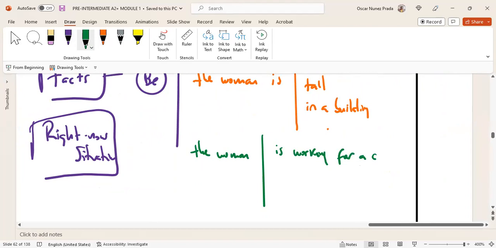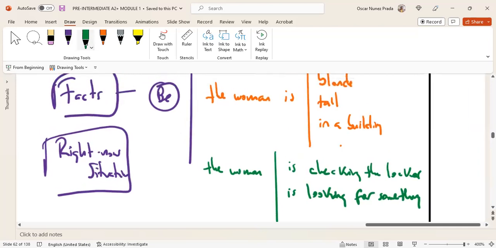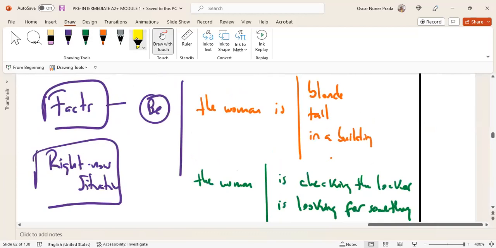Or, well, sorry. In this situation, we say something more literal. The woman is checking the locker. Or the woman is looking for something. All right. And this is what we call verb control. This is the verb.